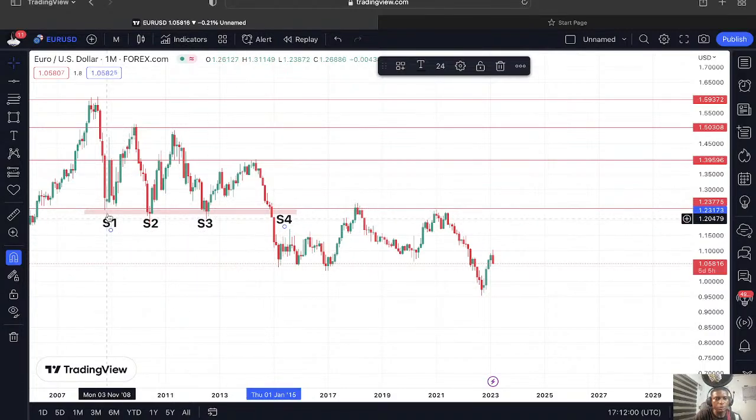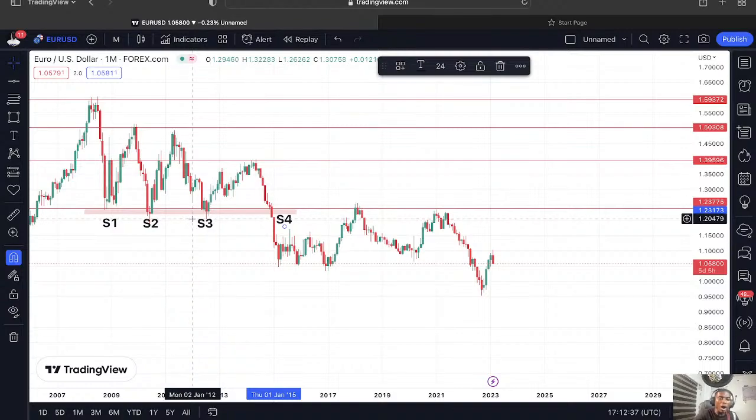So we see here that the price came to touch this level, but buyers were active at this level, and the buying power was strong. Price moved up, came down to that same price level again, and the buying power was still stronger, then price moved up. But the interesting thing I want you to note is that the buying power of the second support is not as strong as the buying power of the first support level.